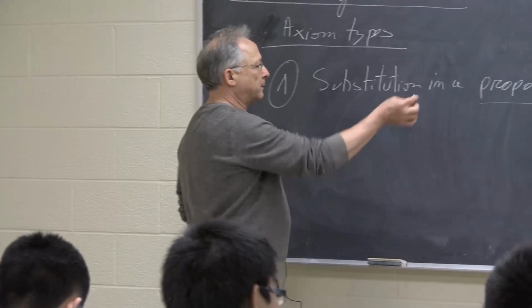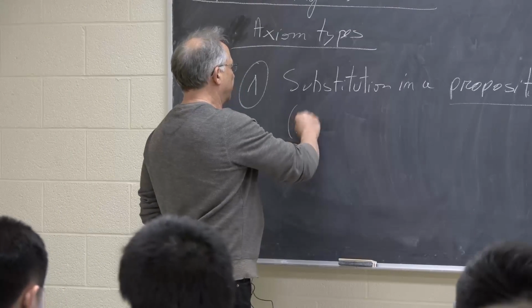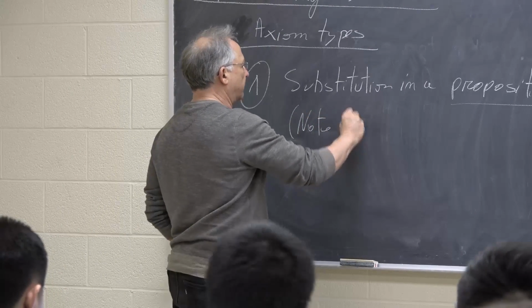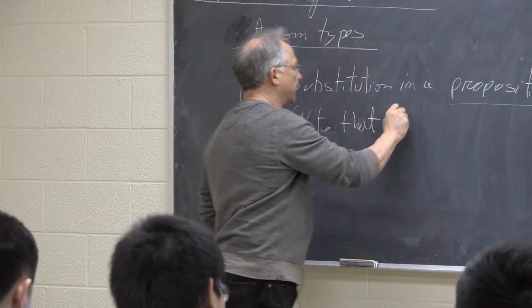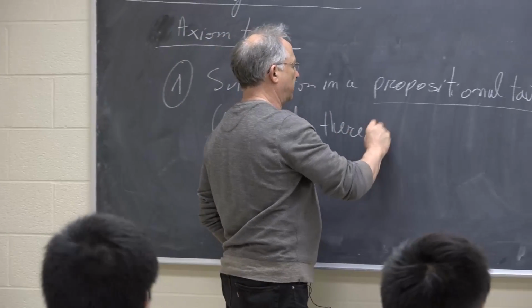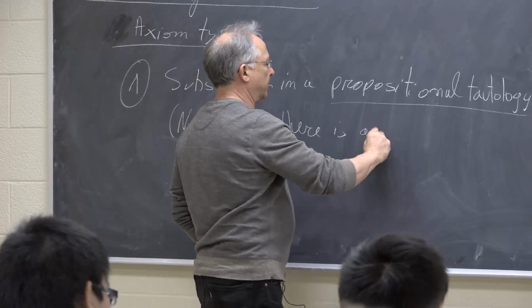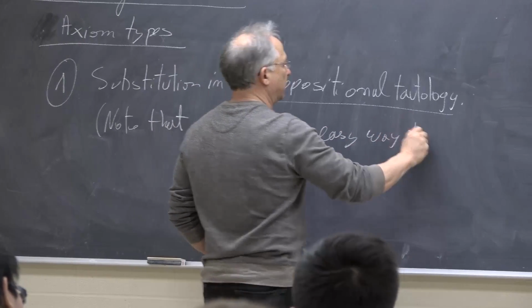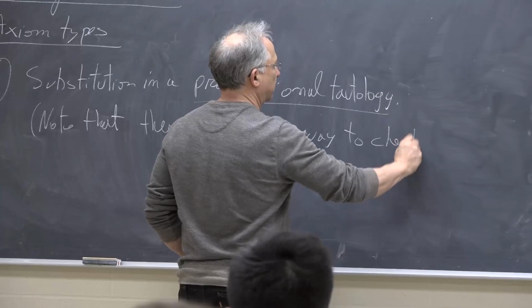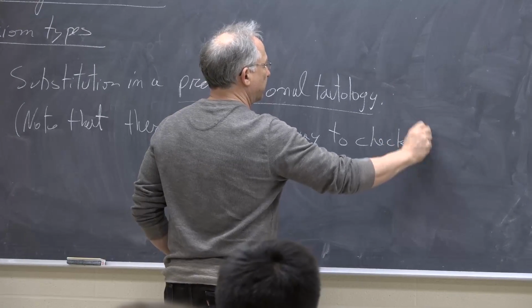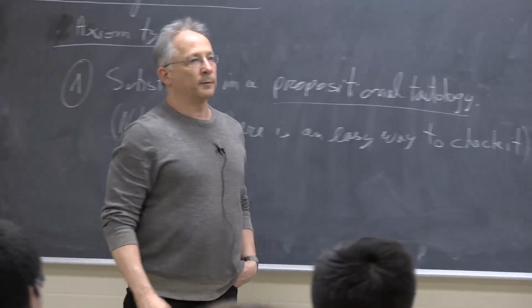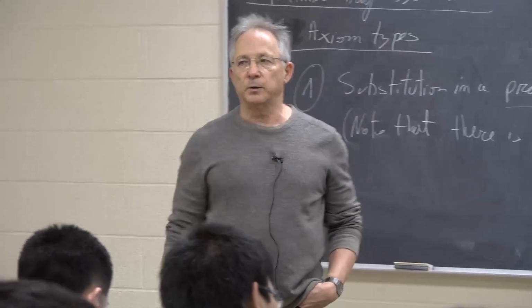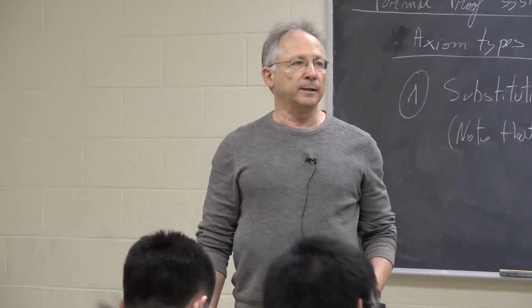What remains is important to note that there is an easy way to check it. If I want to check if a formula is a substitution in propositional tautology, it's easy to check.